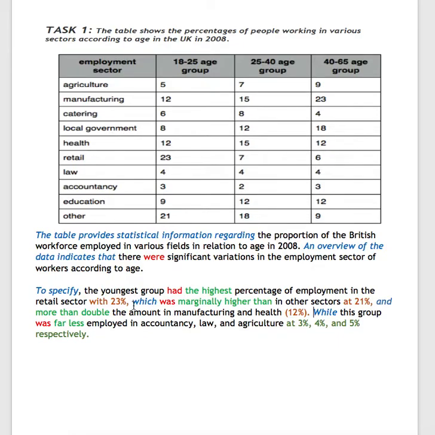Also, we could say which was higher, but why not marginally higher? Marginally means not too much higher. Again, look at the sentence. We took the highest, we compared everything to the highest. So 23%, marginally higher than 21%, more than double, which is 12%.